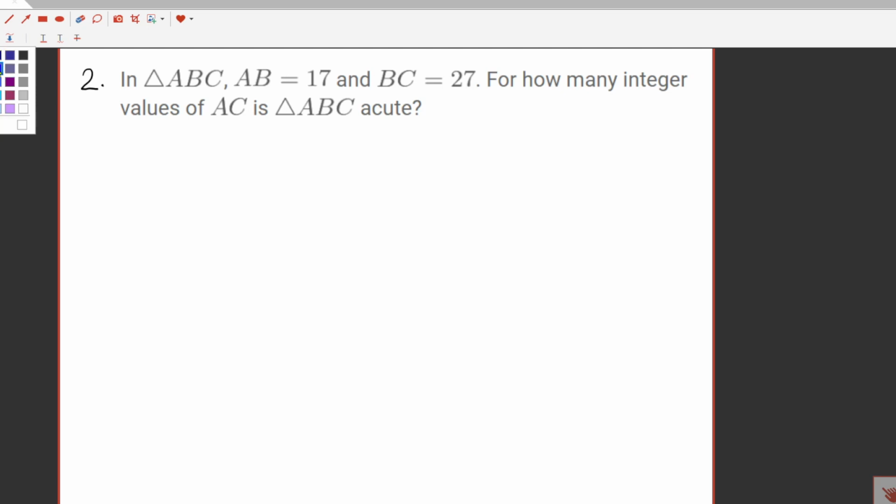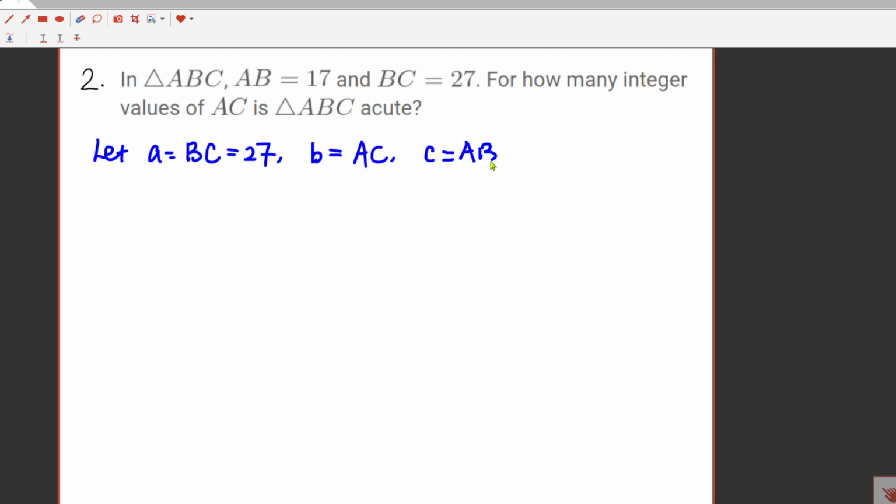So in this case, we can let a equals BC, which is 27, and b equals AC, and c equals AB. In this case, that's 17.